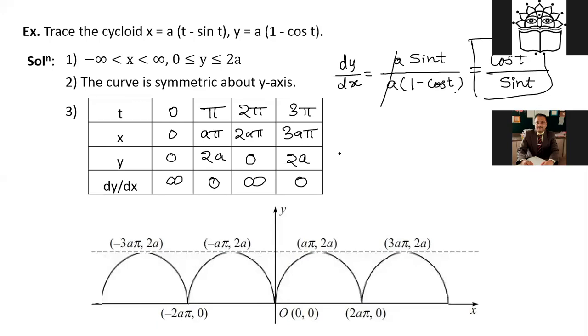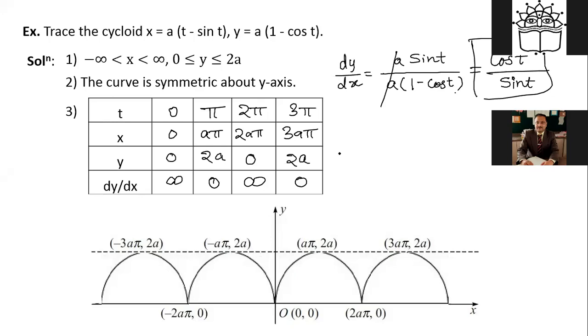So at 0, 0, dy by dx is infinity. That means the curve passes through the origin, and the y-axis is tangent at the origin. Similarly, another point is x equal to a pi, y equal to 2a, and dy by dx is 0, meaning the tangent to the curve at that point is parallel to the x-axis.